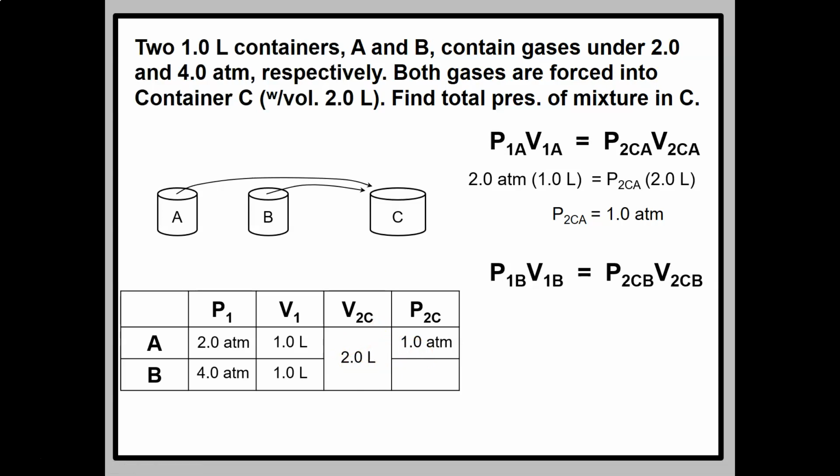If you increase your volume, your pressure should go down. So let's do it again for gas B. We started with 4 and a liter of 1. When we're done, we don't know what it is, and we know that it's 2 liters.